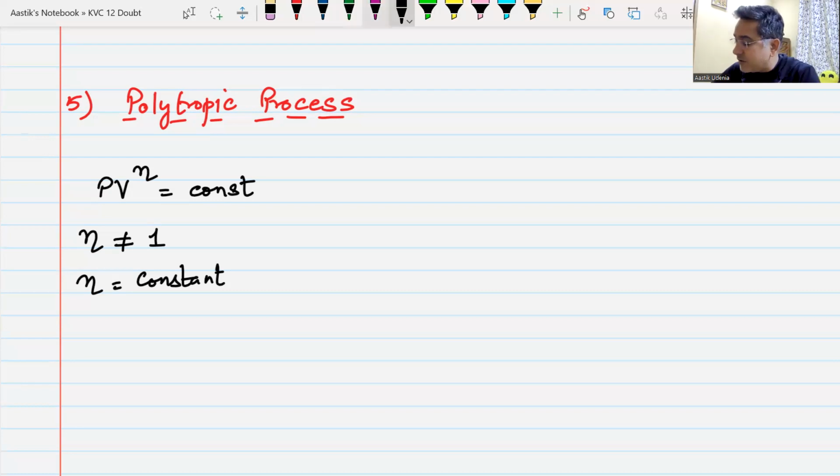Now, if I talk about the change in internal energy for this process, if it undergoes a process, how will you find the change in internal energy for this process? Yes, that is the first question that is coming up. Polytropic process is what I'm talking about.